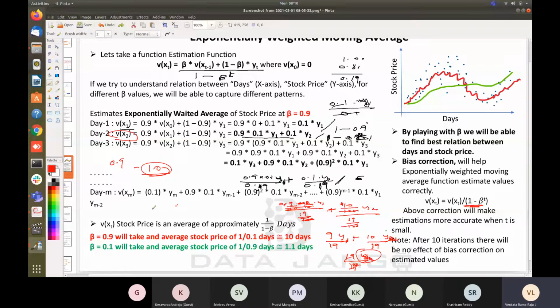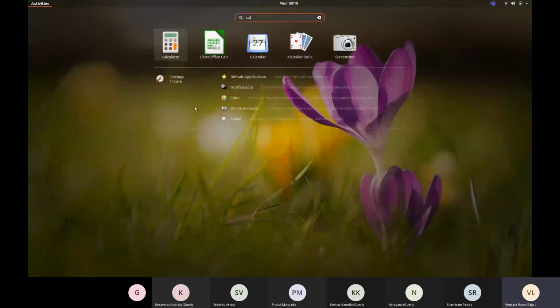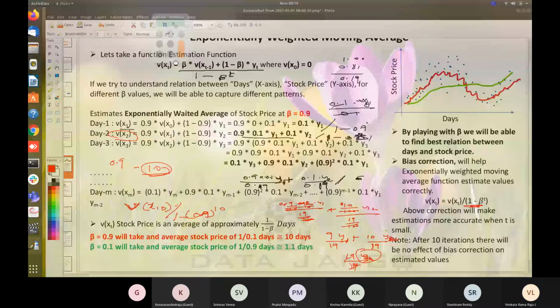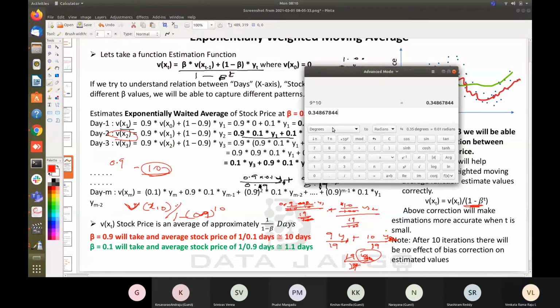There is some v of x10 divided by what? 1 minus 0.9 to the power of 10. 0.9 to the power of 10 is how much? It is 0.34. 1 minus 0.34 is, right?